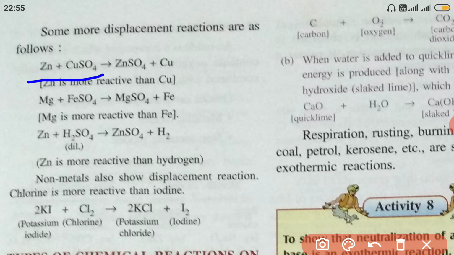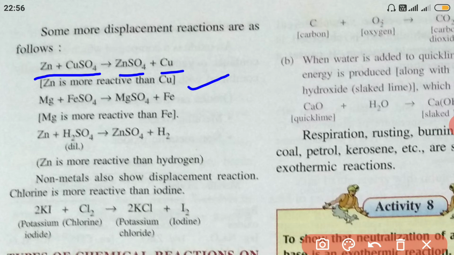Zinc is much more reactive than copper, because zinc is above copper in the activity series. So zinc reacts with copper sulfate to give zinc sulfate and copper. Zinc can displace copper; it can take the copper out of copper sulfate and take the sulfate with it, because it is much more reactive than copper.